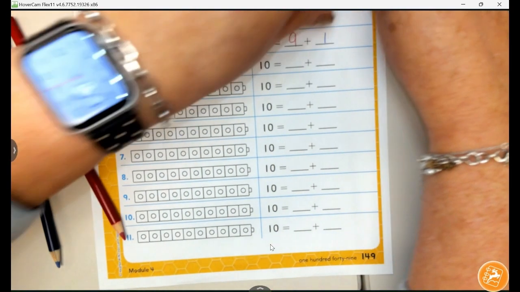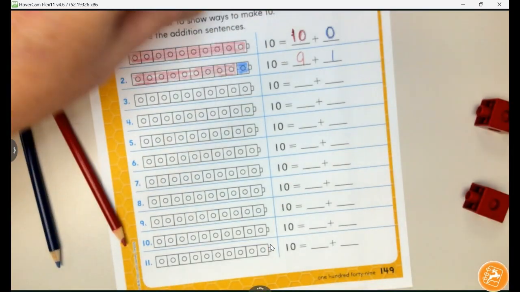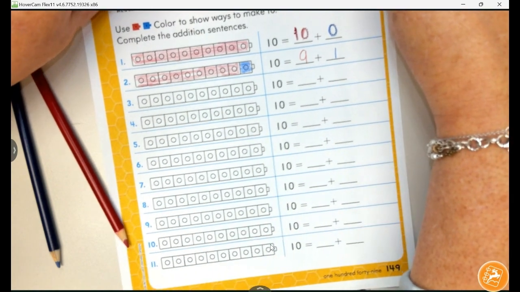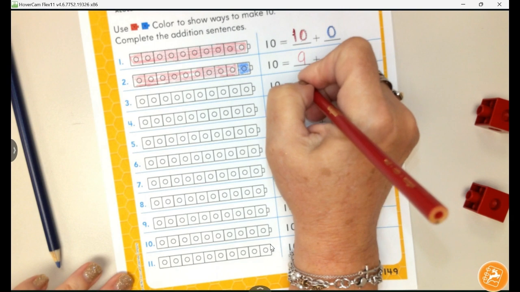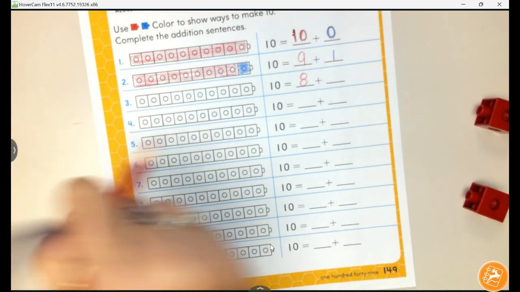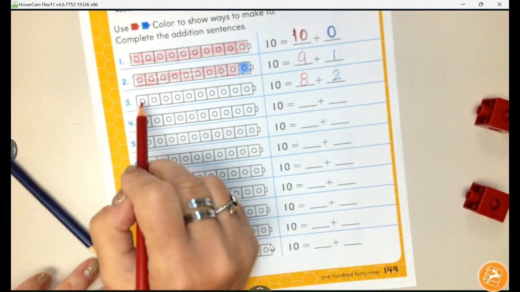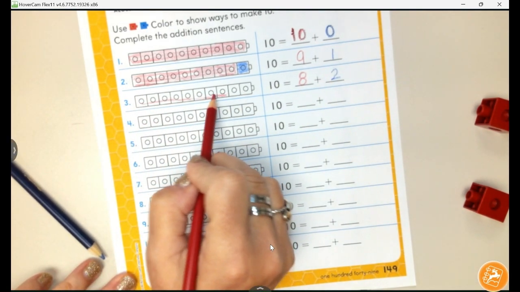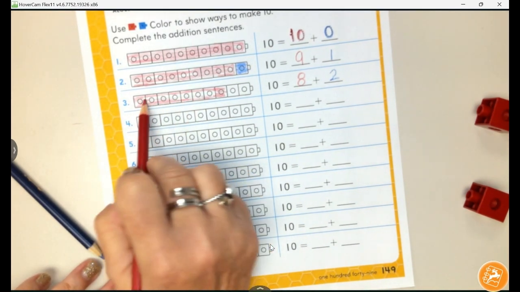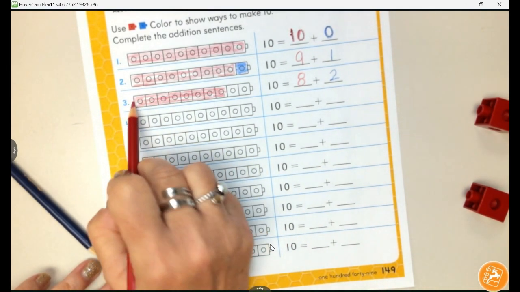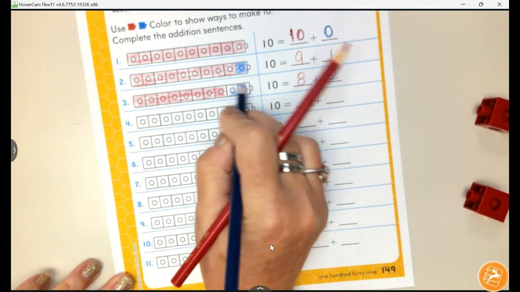I'm going to take off one more red, and I'm going to add one more blue. So now I have 8 red and 2 blue. And I'm going to color my train to look like that. 8 red and 2 blue.